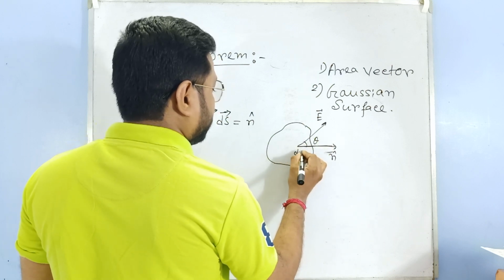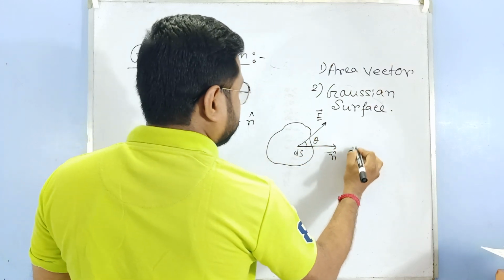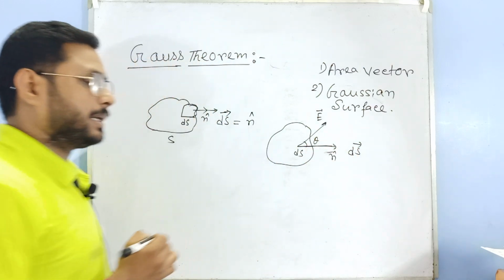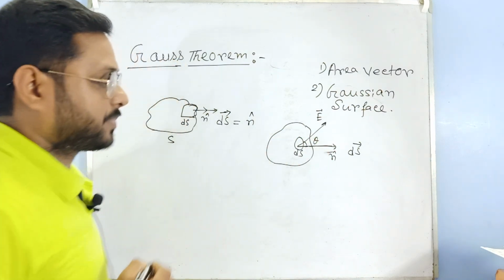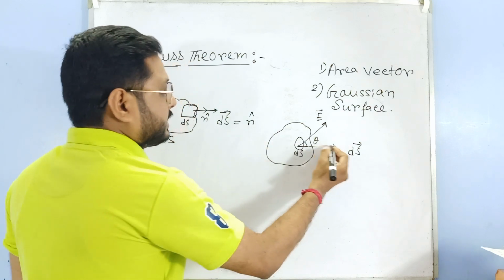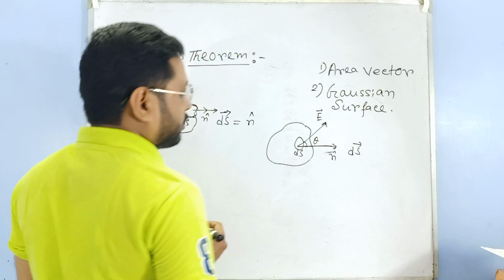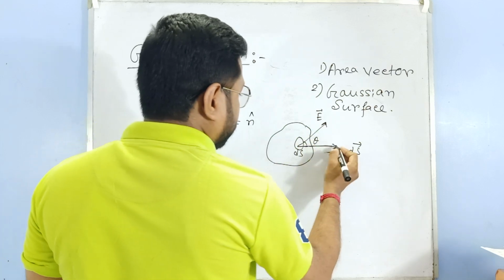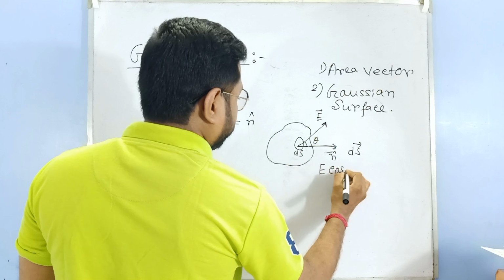This is the small area dS, and the area vector dS vector acts normal to this area. If E, the electric field, makes an angle theta with the direction of the area vector, then the normal component of E along dS is E cos theta.